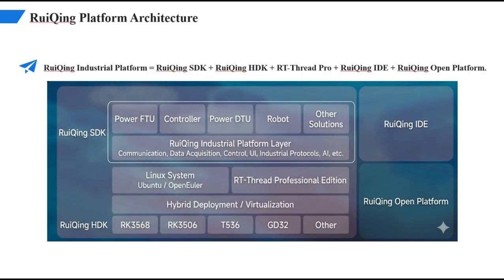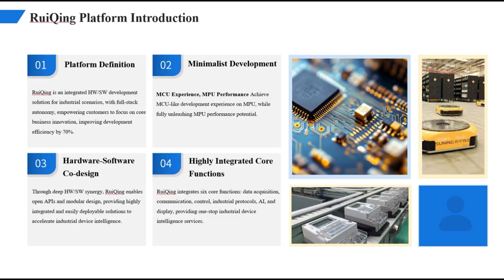That's our ecosystem and service hub. Together, those five components form a complete vertically integrated solution that covers every aspect of industrial product development, from hardware design to software deployment.